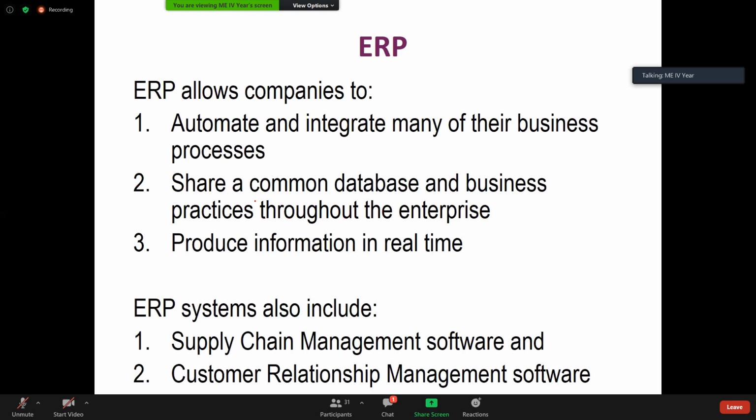So ERP allows companies to automate and integrate many of their business processes, and share a common database and business practices throughout the enterprise. There is no hiding when ERP comes into the picture. Even if you change the drawing, there may be 5 versions designed by designers.